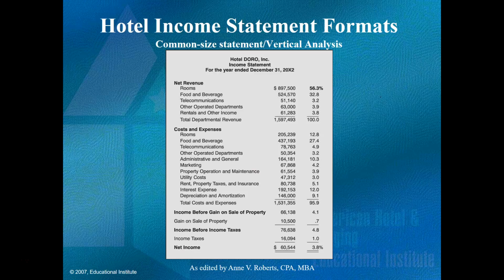Maybe we want to bring food and beverage up to 35%. That's our goal. Maybe we're happy with where rooms are, but we've got to get more people using our restaurants and facilities. So maybe next year our goal is 35%.